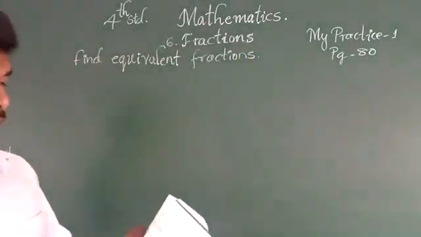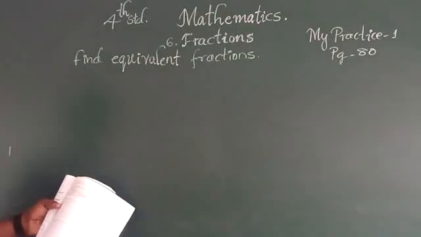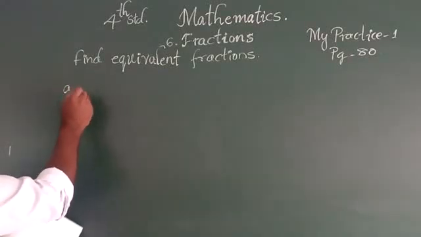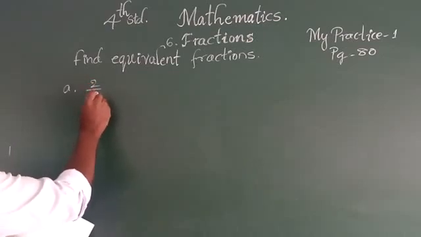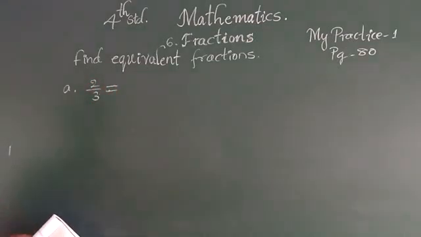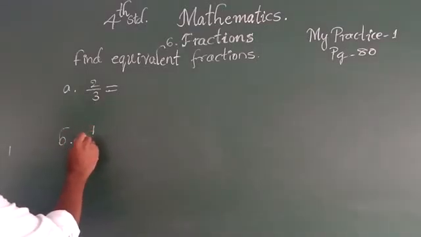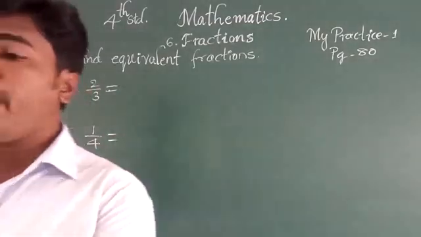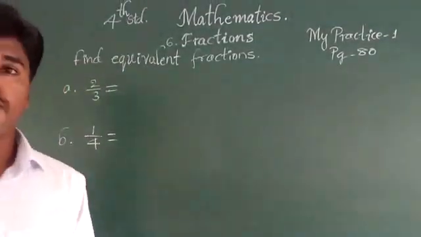Observe dear children. This is the first one, 2 by 3, which is equal to. The second one, 1 by 4, which is equal to. So now you are going to find out equivalent fractions.